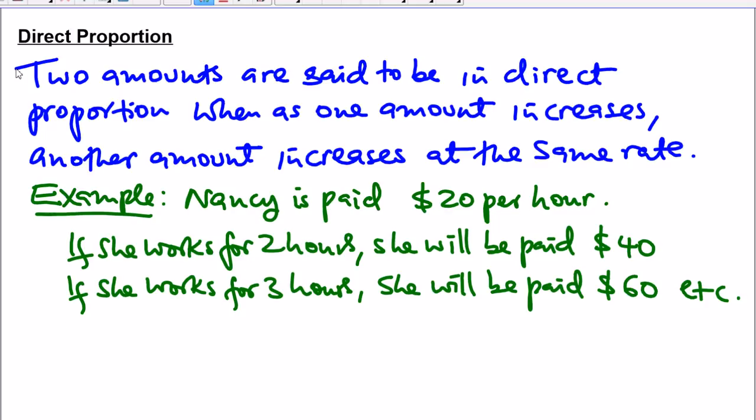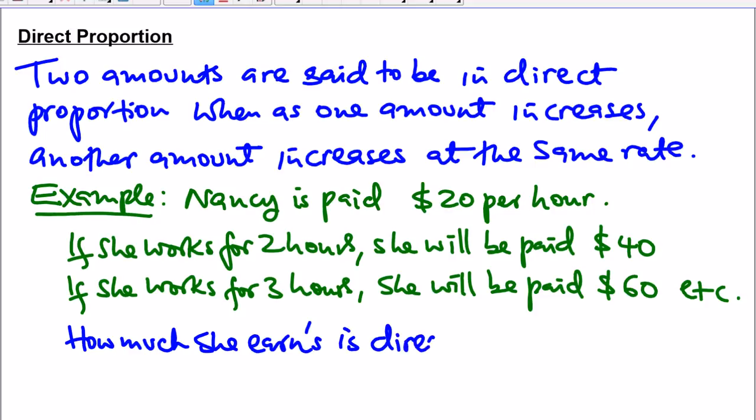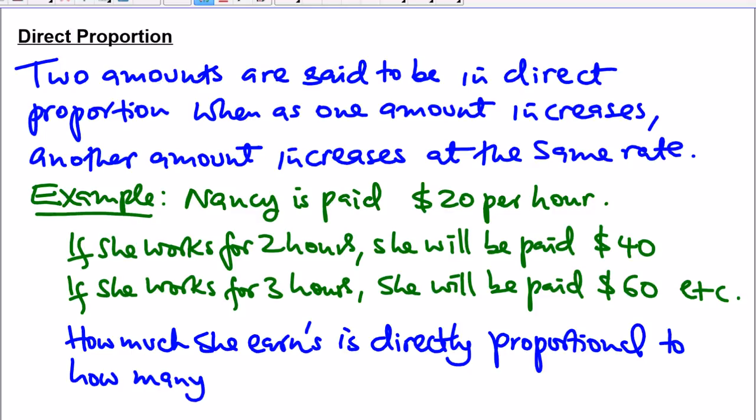So how much she earns is directly proportional to how many hours she works. And this makes sense. She works for more hours, she will be paid more. She works for less hours, she will be paid less.